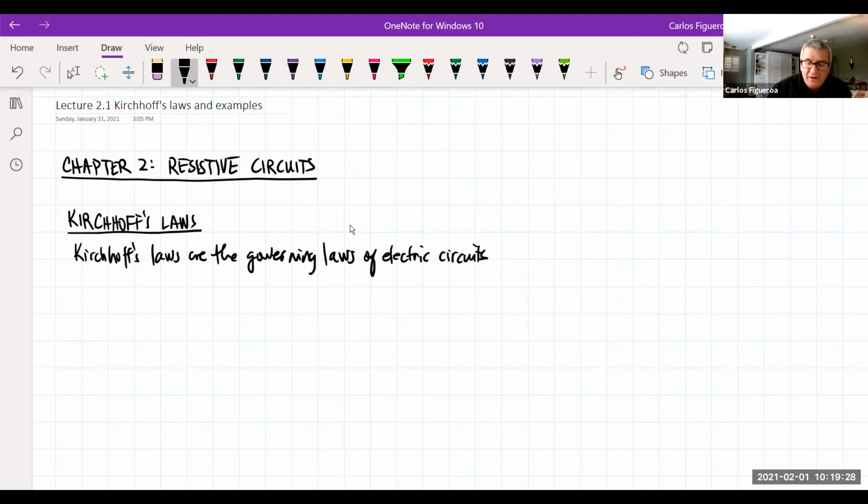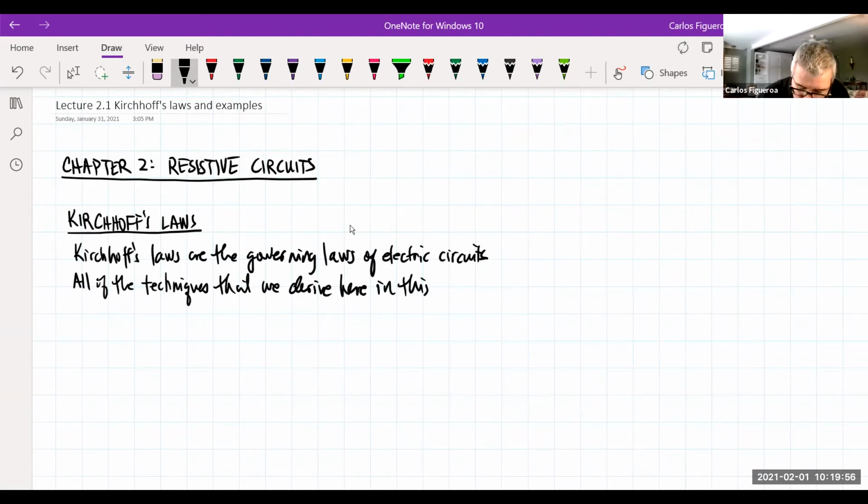And remember, we're talking about low voltage circuits. If you can't have low voltage circuits, you can't use Kirchhoff's laws. Everything that we're going to derive in this chapter, all of the techniques that we derive here, are from Kirchhoff's laws.